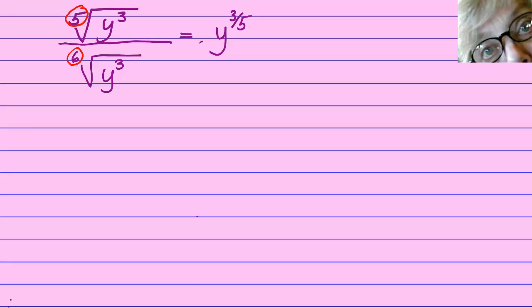Y to the 3/5 divided by y to the 3/6, which is going to be y to the 3/5 minus 3/6.